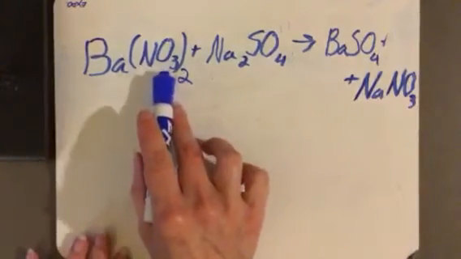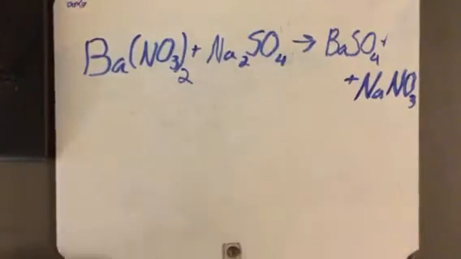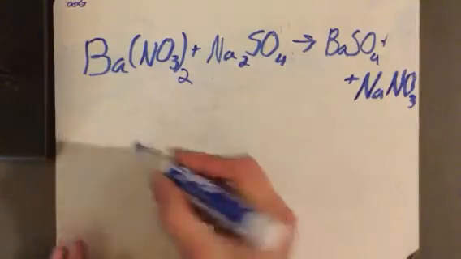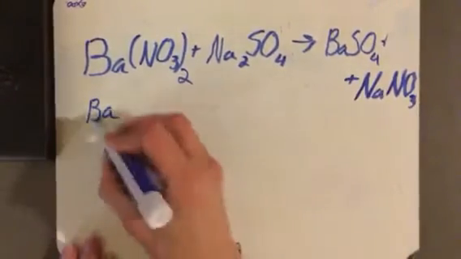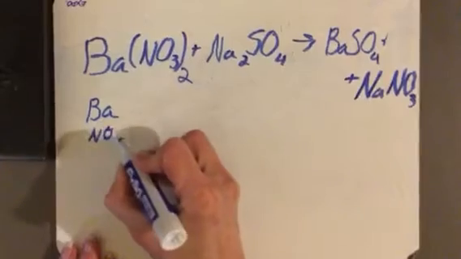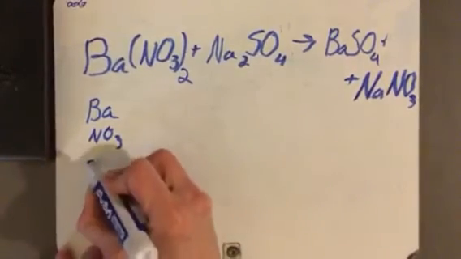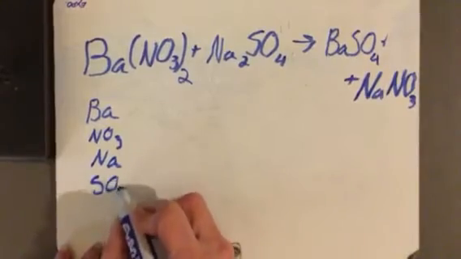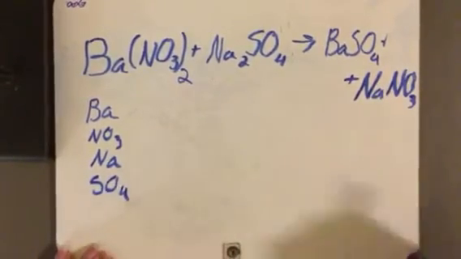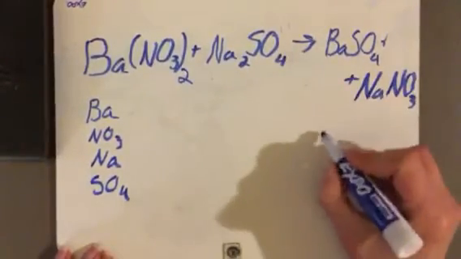So this NO3 is an ion and this SO4 is an ion, and they stay together as a group. So we're going to treat them just like they were elements, and I'm going to say that I have barium and I have nitrate ions and I have sodium and I have sulfate ions. Now I did the same things on my product side.